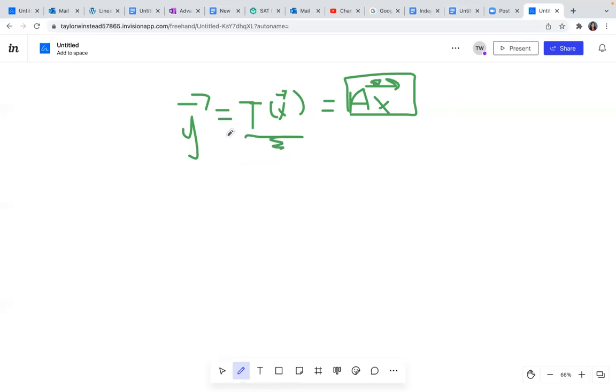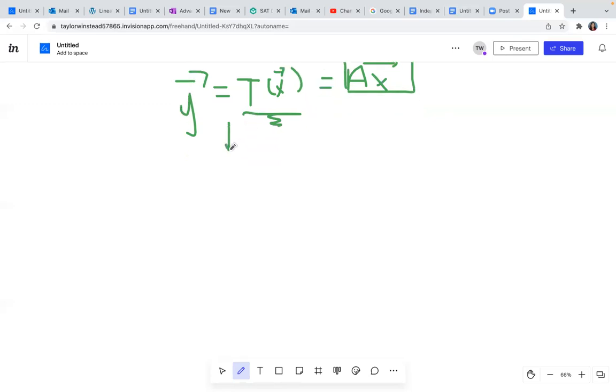So the point is that this system is only invertible if A times vector x equals y has one unique solution in x for every single vector y in the vector space R^n. So in other words, this is the case if and only if rank A equals n.